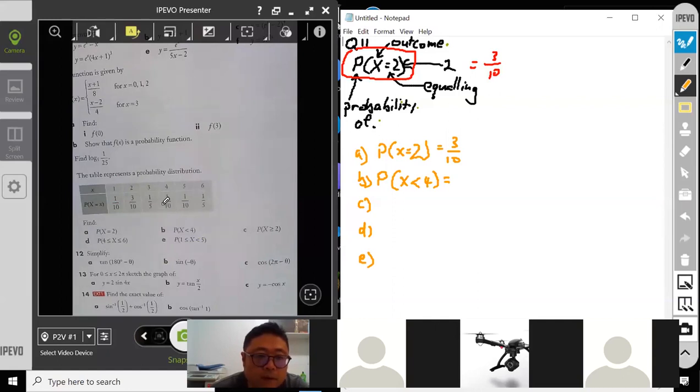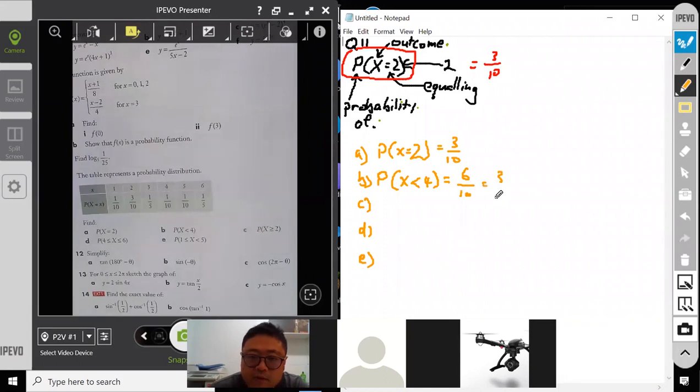So this would be 2 plus 3 plus 1, which is 6 out of 10, which is also equal to 3 out of 5. Good. C? I got 9 out of 10. Yes, 9 out of 10.